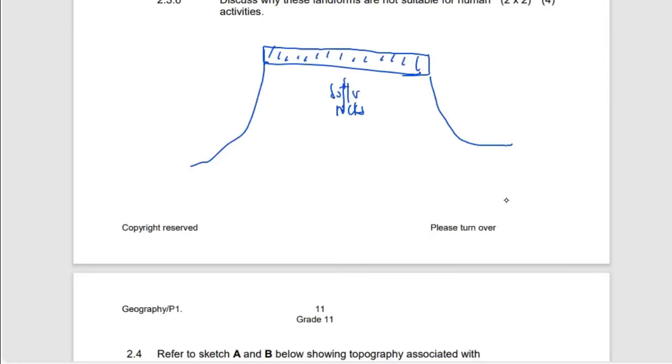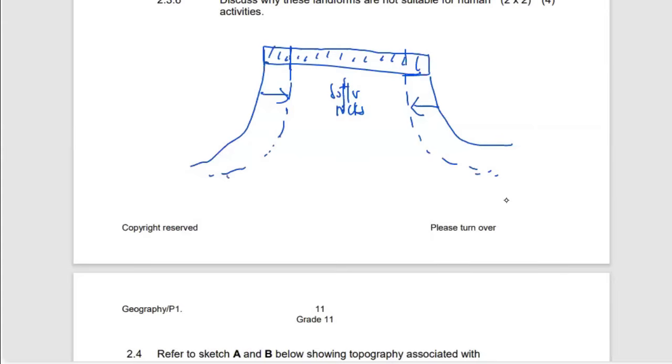What is going to happen with Scarp retreat? We are saying this slope is going to retreat like this, to move like this. So it means in one cycle of erosion, the landform is now here. It's reducing in size because the cape rock has been weathered and eroded. Also, it means the softer rocks are going to be eroded.